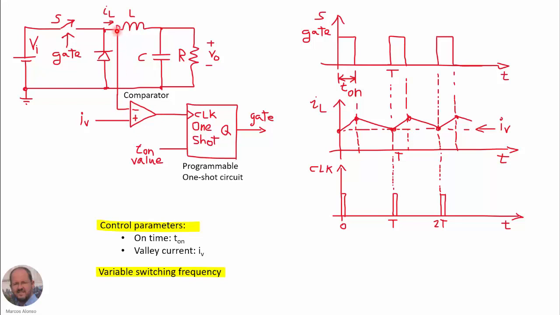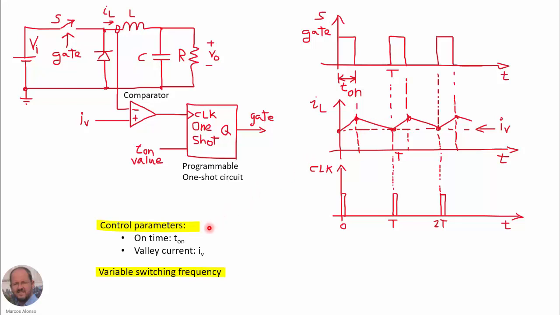So when the current through the inductor is lower than this value, IV, the comparator generates at this point here a pulse, as shown here, and then the programmable one-shot circuit is going to activate again the gate by generating a pulse with the same time interval TON. So basically this is the operation of a DC-DC converter under TON control.